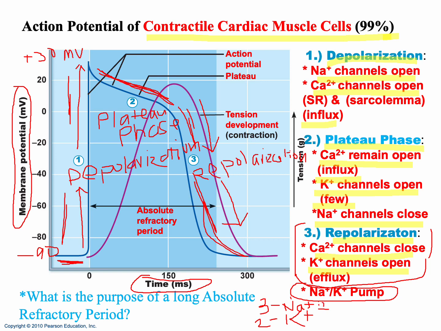Okay? So you have 3 sodium ions. I guess we can use our little eraser here. There we go. So 3 sodium ions ultimately are going to leave the cell. The cell I'm talking about is the cardiac cell.